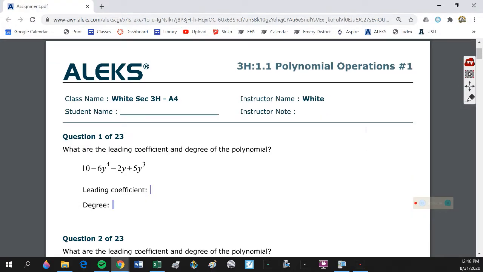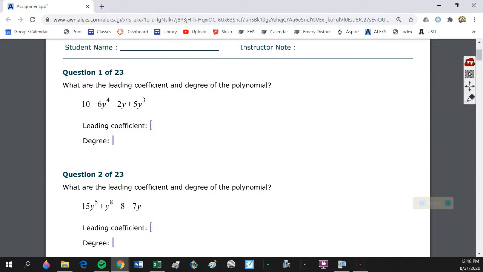Okay. So for instance here, what are the leading coefficient and the degree of the polynomial? What is a leading coefficient? What is a coefficient? So each one of these is referred to as a term.